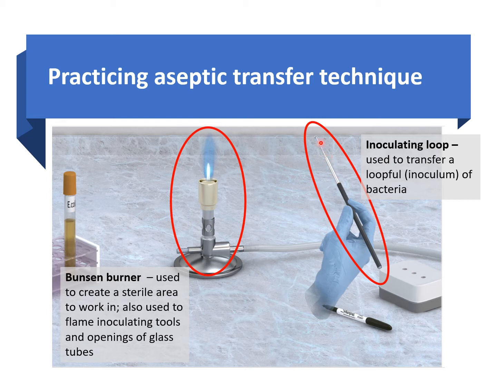Okay, and they look something like this. This part is made out of metal. So before you use that inoculating loop, we've got to make sure that it's sterile. So how do we do that? We pass it through the flame. Now, this is not a quick thing to do, like quickly pass it through the flame.